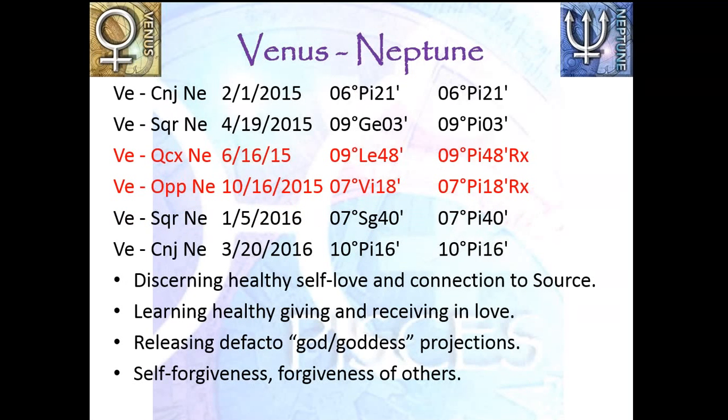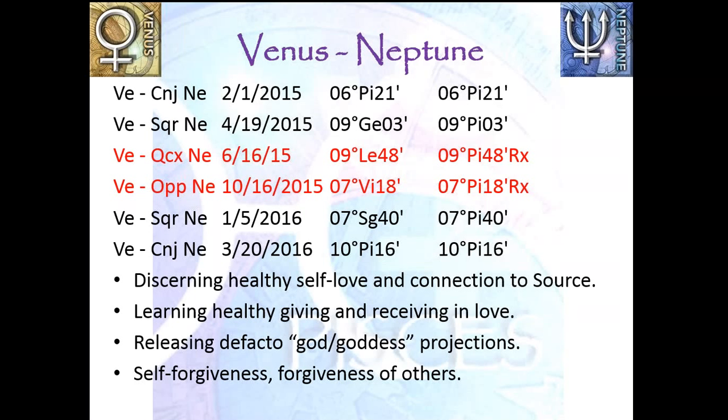Venus is going to have a retrograde cycle, but it only makes one waxing inconjunct to Neptune, and it has an opposition to Neptune through its retrograde cycle when Venus goes through Virgo after its retrograde cycle in Leo. Venus will go retrograde at almost 1 degree Virgo, July 25th.